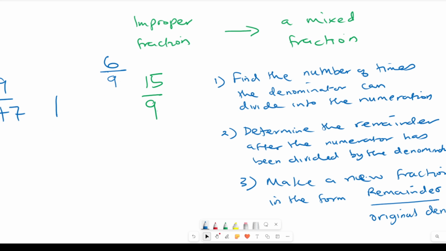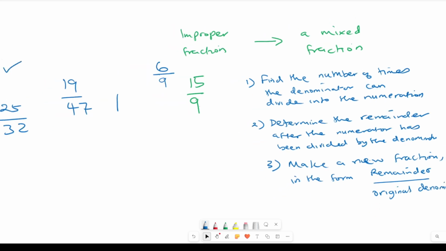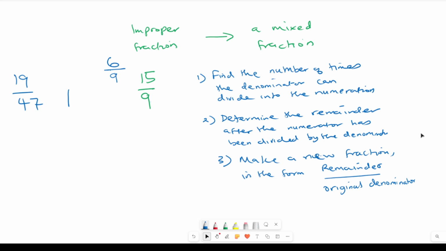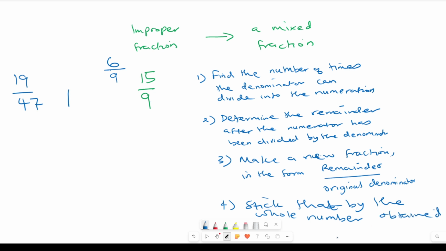And we add that to the whole number obtained from step 1.